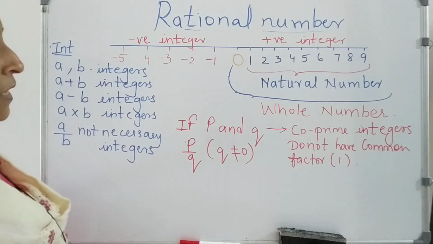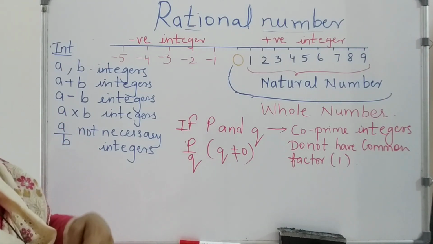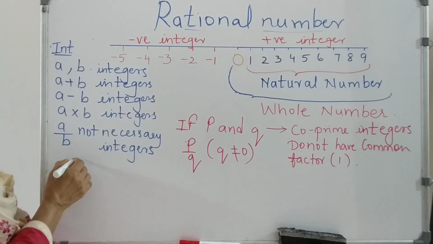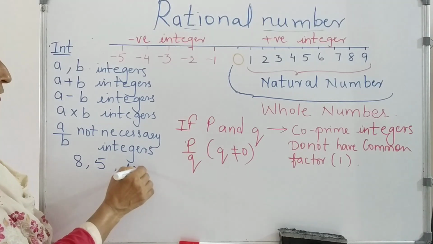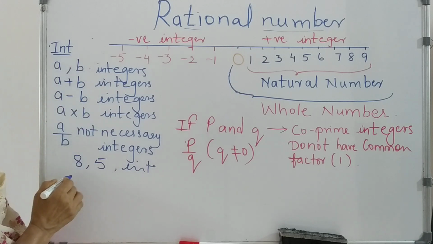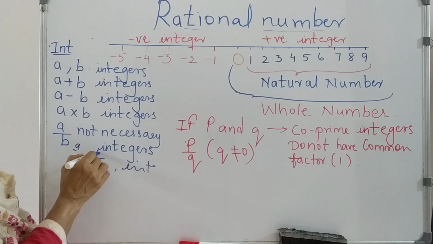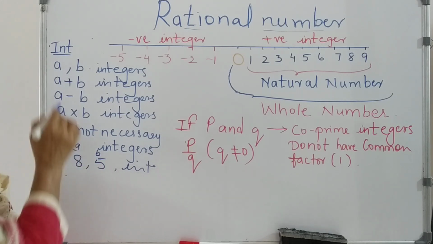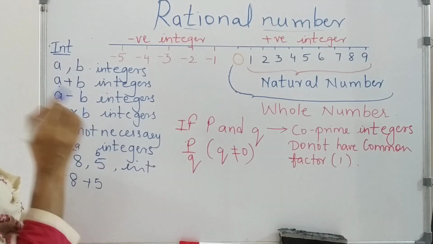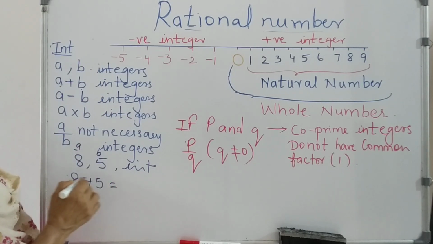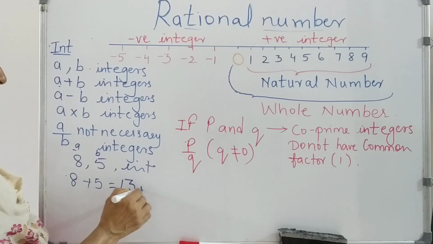So let us take some examples to show how it can be an integer and how it cannot be an integer. Let us take the numbers 8 and 5. 8 and 5 are integers. Now A plus B, where A is equal to 8 and B equal to 5. So I am adding 8 plus 5, how much is this going to be? 13. So this is an integer.